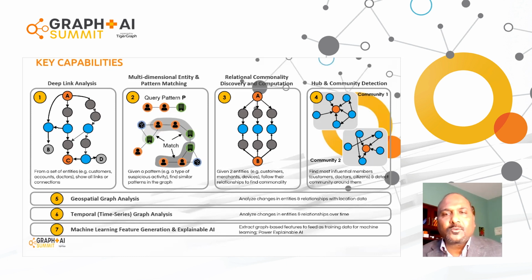We have also looked at the commonality from the entity's perspective, how the customers, merchants, devices follow their relationship to find commonality. Hub and community detection also gave us a lot of insights into the page ranking and most influential members across the clusters and detecting the community around them.